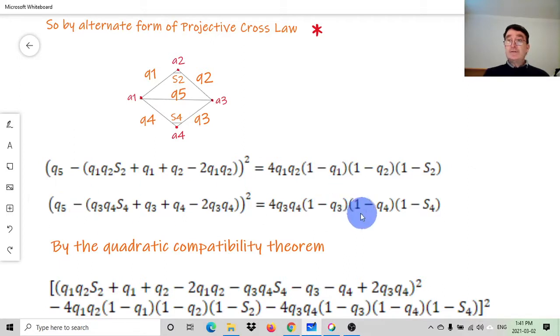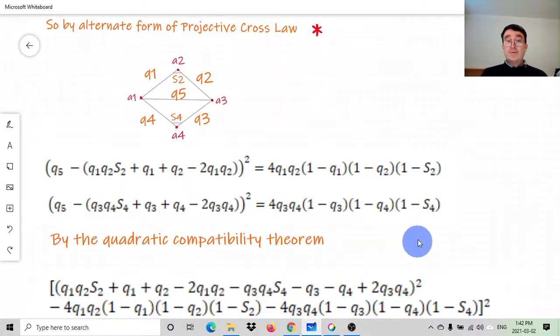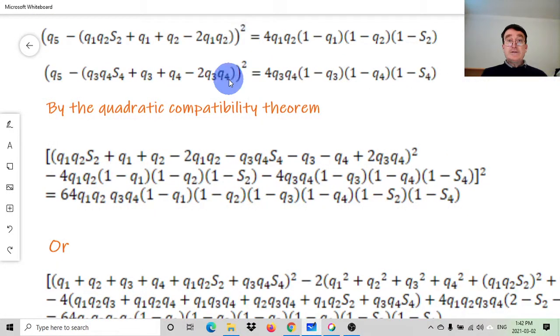These two equations, by the quadratic compatibility theorem, are compatible, meaning they have a common solution Q5. Then we just need to plug these quantities into the Archimedes formula, which is the triple quad formula in the affine case. By the quadratic compatibility theorem, when we plug these two alternate forms of the cross law in, we arrive at the projective double cross law.